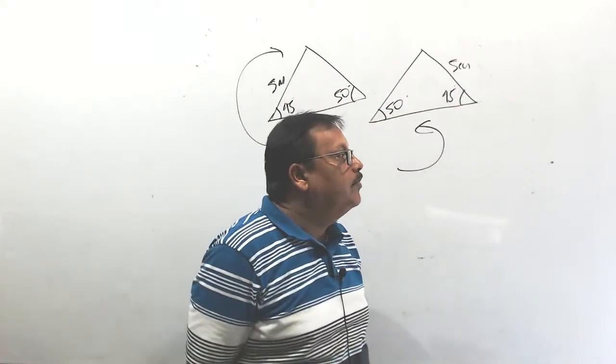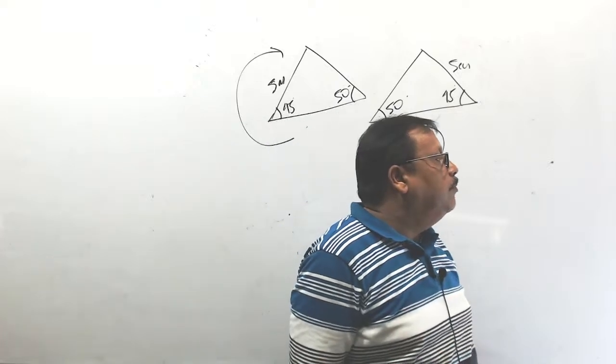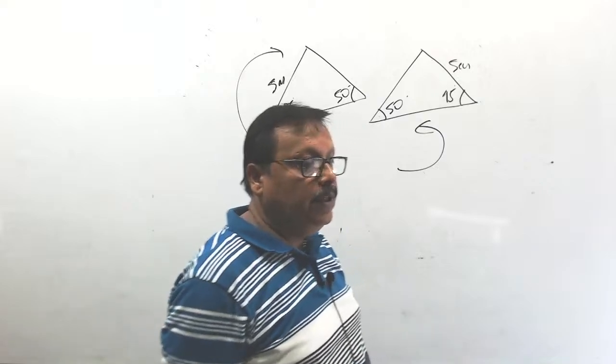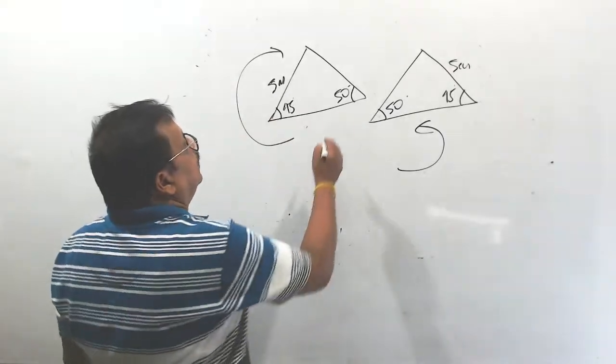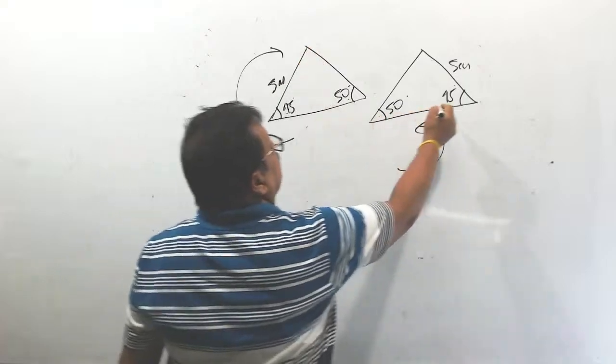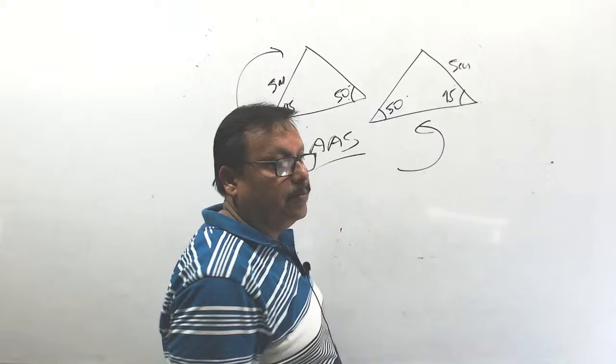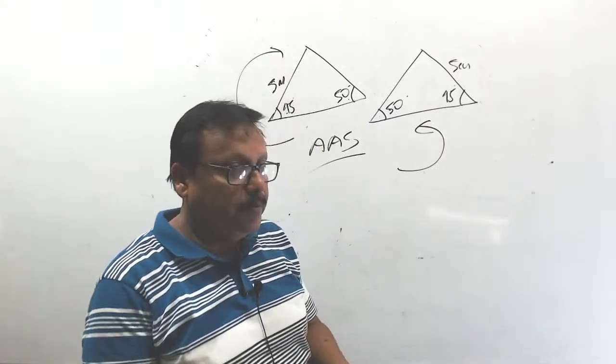Understood? Number 5 also, by which property? Now tell me. Angle, angle, side. By angle, angle, side. Understood? Yes, correct.